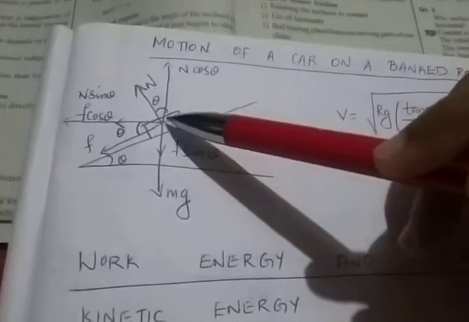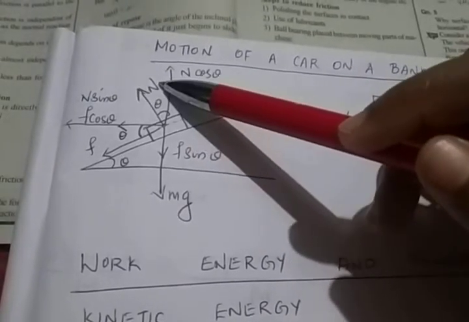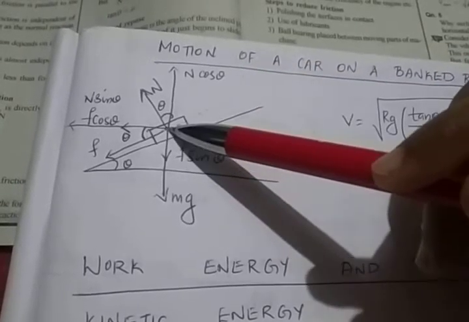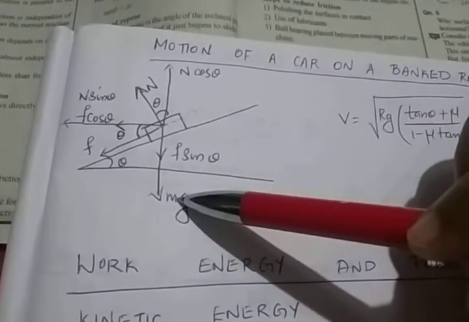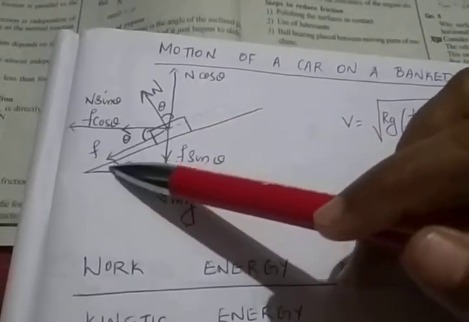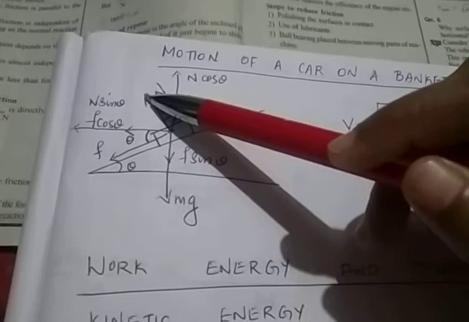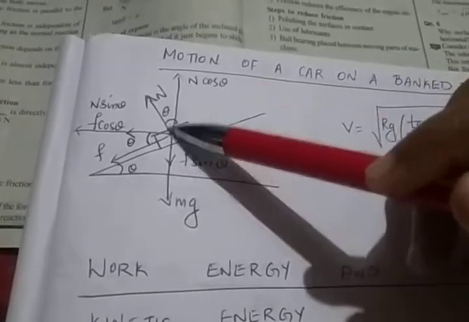The forces acting on the car are, one, the normal reaction force which acts perpendicular to the road, then the weight of the car mg, and also the frictional force acting in this direction. Here the normal reaction has been resolved into two components.